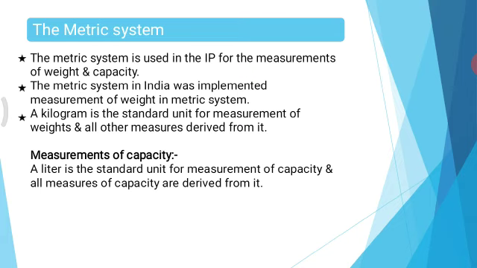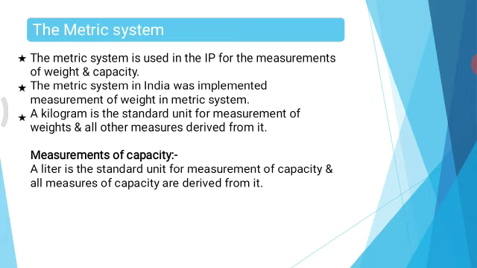Measurement of weight in the metric system. A kilogram is the standard unit for measurement of weights and all other measures are derived from it. We know the value of 1 kilogram, 1 hectogram, 1 decagram, 1 decigram, 1 centigram, 1 milligram and 1 microgram.